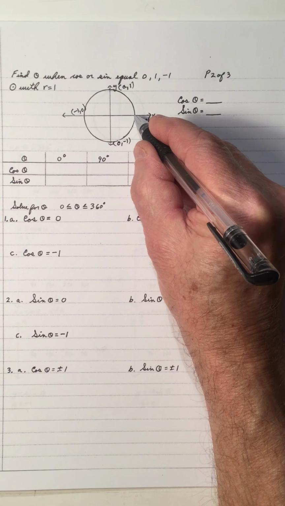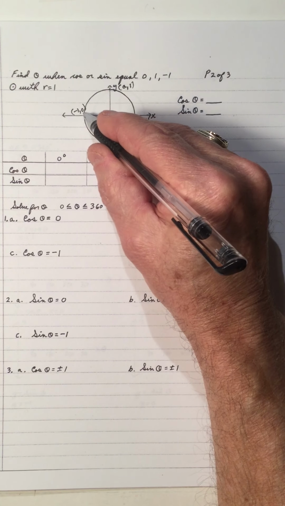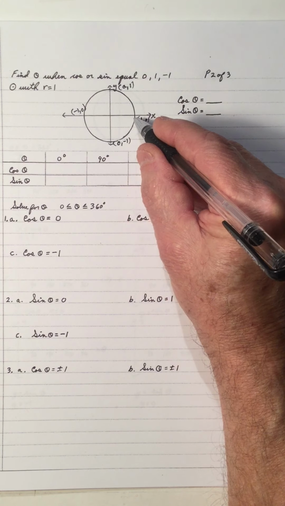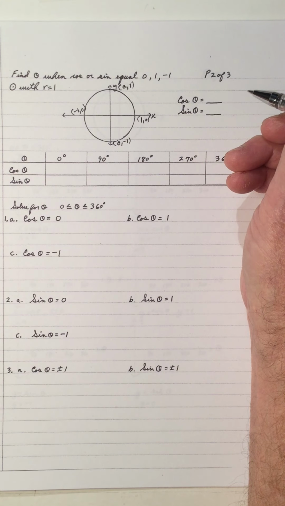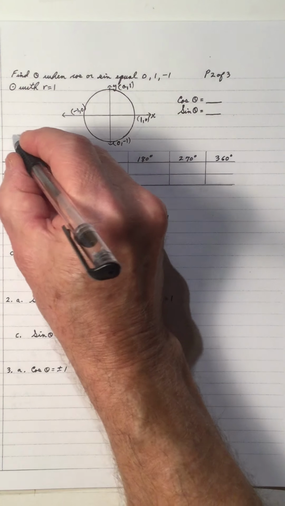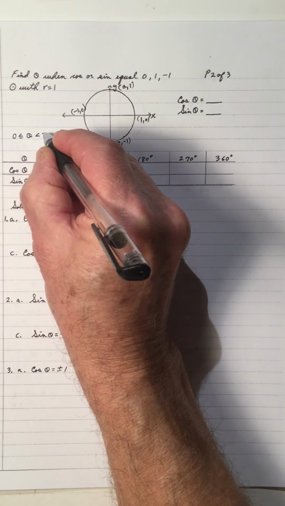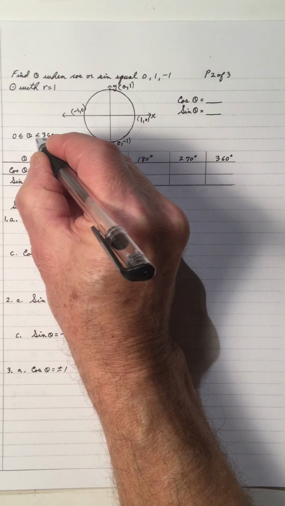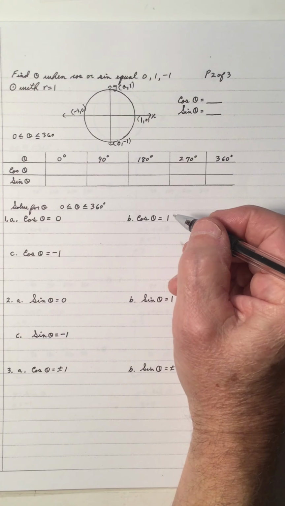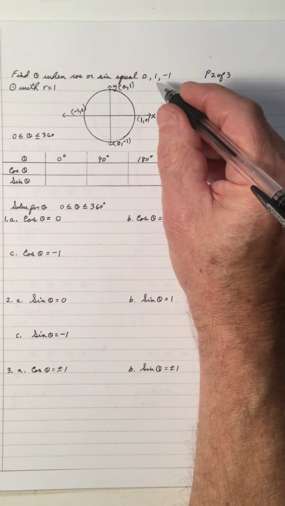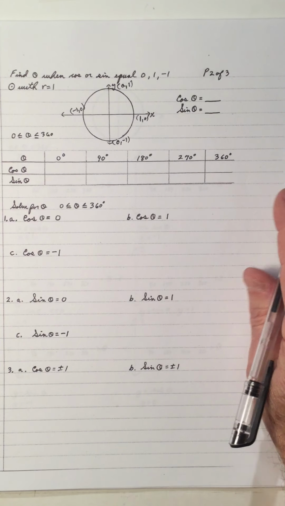So this is a 0 rotation, 90, 180, 270, 360. And we're only looking at the values where 0 is less than or equal to theta less than or equal to 360. We're not looking at any negative rotations or any rotations more than one revolution.